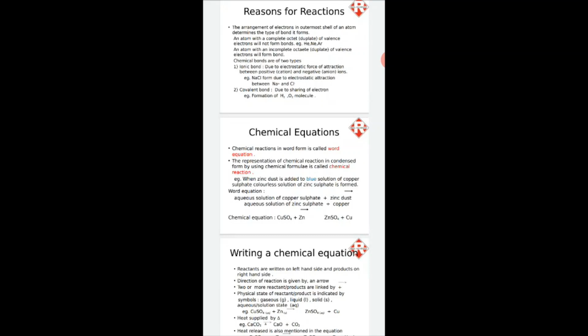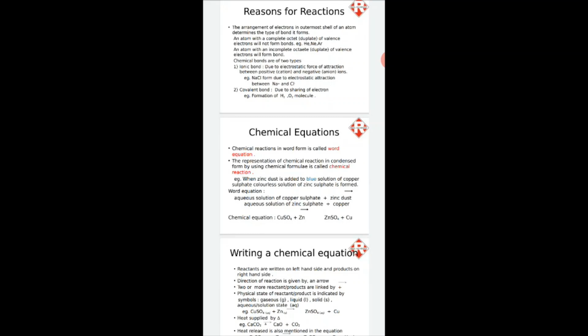What is a positive ion? A cation. See, we are focusing on sodium. The atomic number of sodium is 11, so its electronic configuration is 2, 8, 1. Its outermost orbit contains only one electron.